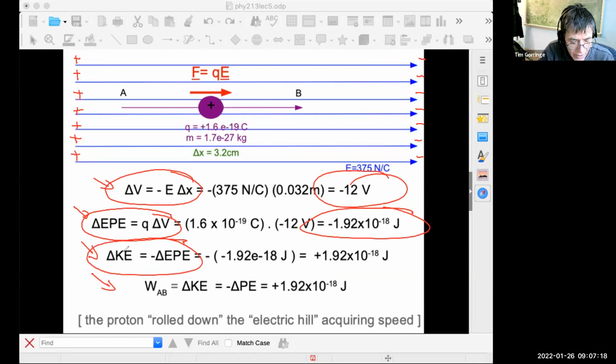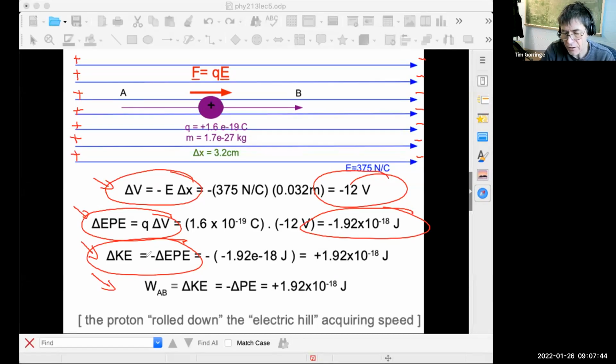Now the kinetic energy. The change in kinetic energy will be equal in size, but opposite in sense to the change in potential energy. Where did this come from? This is just energy conservation. If I'm going to decrease the amount of energy in the potential energy piggy bank, that amount of energy will appear as increased energy in the kinetic energy, moving energy piggy bank. So I'm just moving energy around.